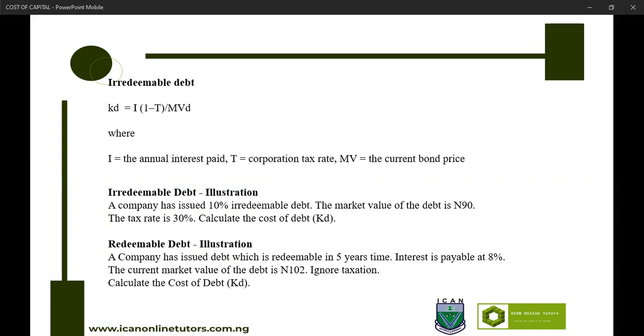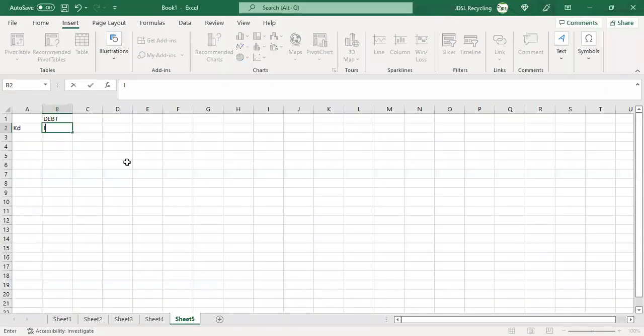So we have interest net of tax, divided by market value of debt. Interest is given to be 10%. Tax rate is 1 minus 0.30.